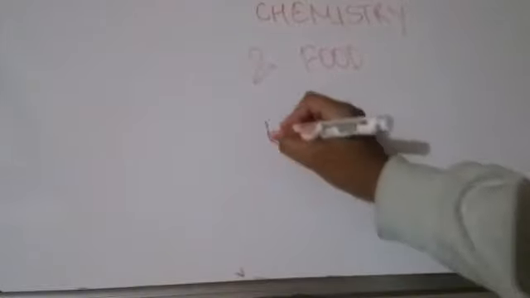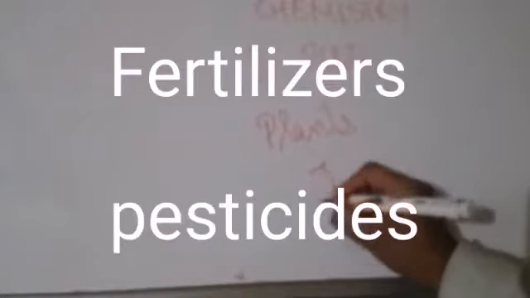Okay, so food means plants, right? We obtain food from plants. But before this, I want to tell you that you may have heard the words fertilizers, pesticides. These two words are very common in our daily lives, right?